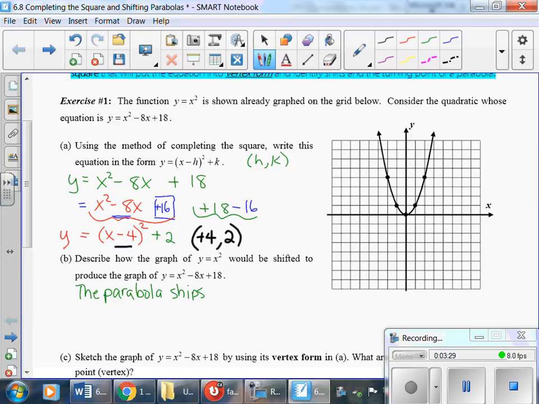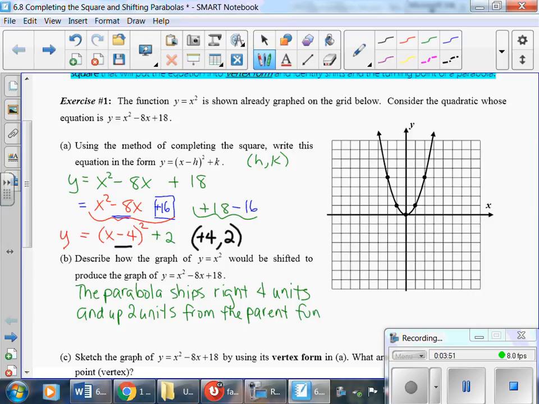right 4 and up 2 units from the parent function.